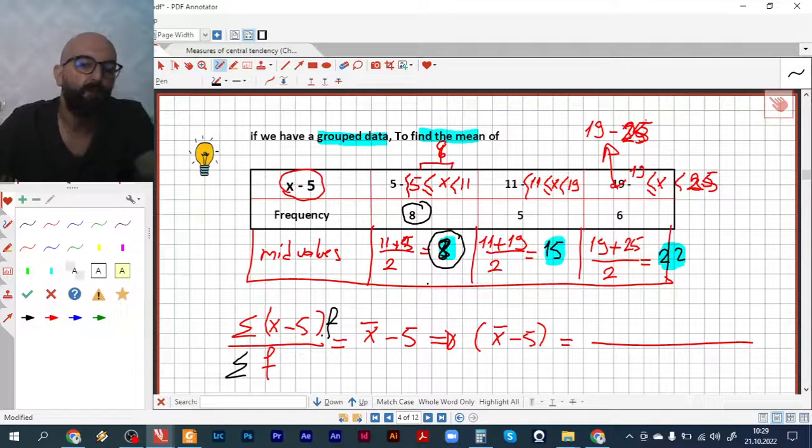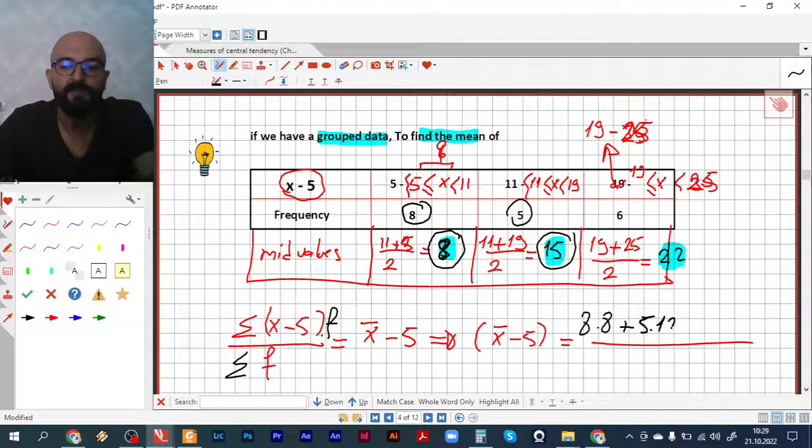So the sum of the first class data is 8 multiplied by 8. We have 5 data, and the class mid value is 15, so the sum of the second class data is 5 times 15.